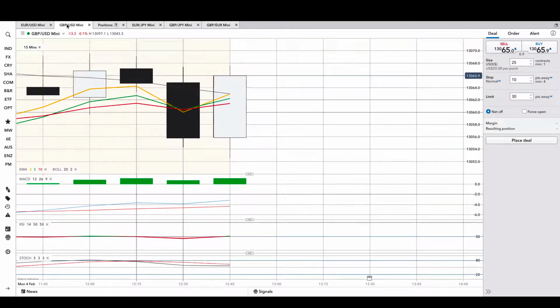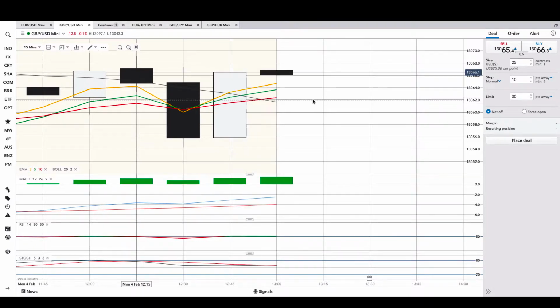So in this case, we are waiting for the next candlestick to open, which is in another minute's time. Typically, they will follow the trend as soon as the market opens.